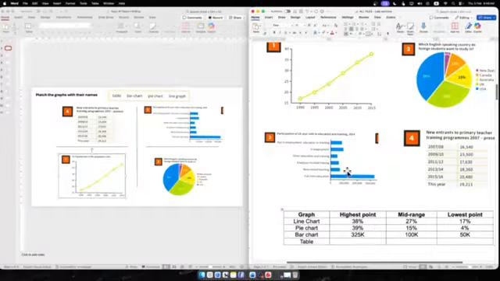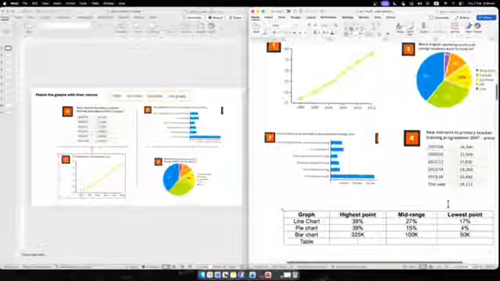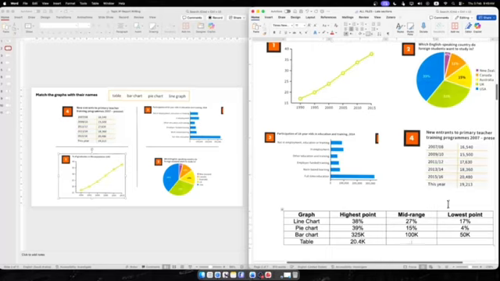Now we don't have to work so hard with charts like tables and pie charts. They're straightforward. So the highest point is 20,000. Okay. 20.4 thousand, and the mid-range. Okay, so some students said it's 18,000. Some of them said it's 17,000.